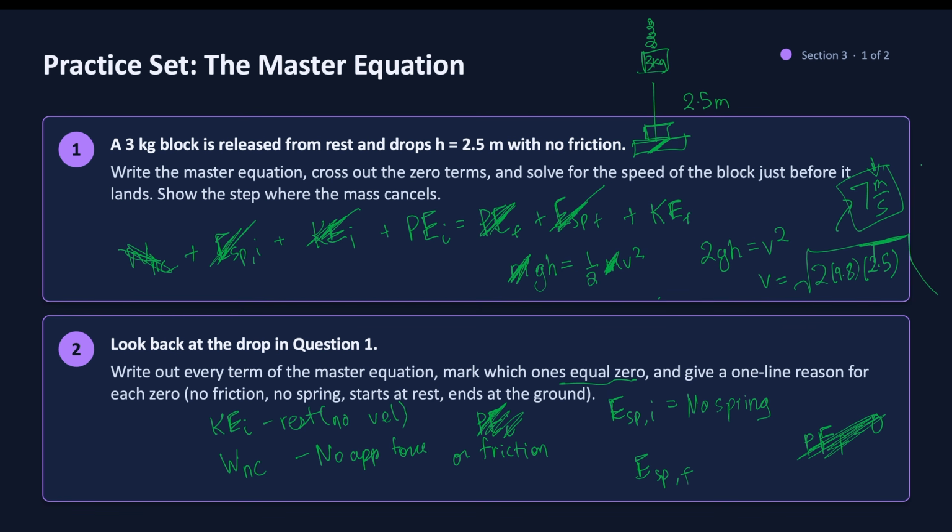Because all the potential energy has to go to the kinetic energy. Energy needs to be conserved, right? And the last term, kinetic energy final, we do have, so we can leave that. Everything else looks good. So now let's move on to the next slide.